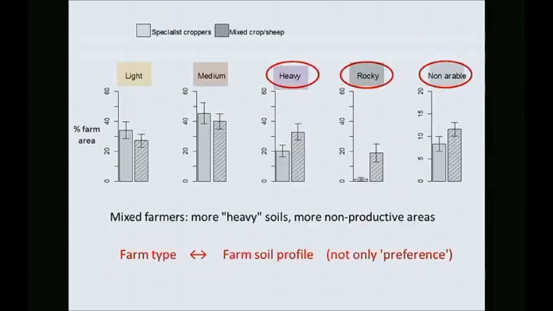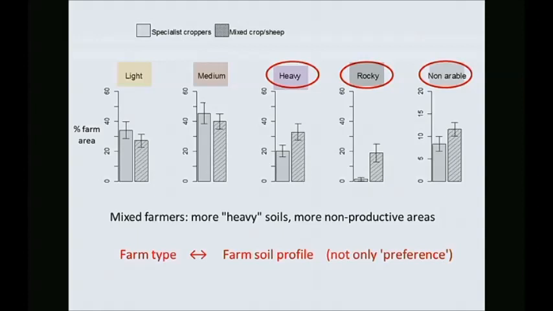So there were a number of applications that I won't go into detail on, but another result was that mixed farmers also had more of other soil types, like the rocky soil types, which are difficult to work with cropping machinery, and they also had more non-arable lands.